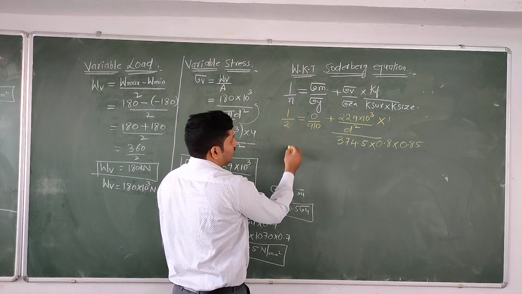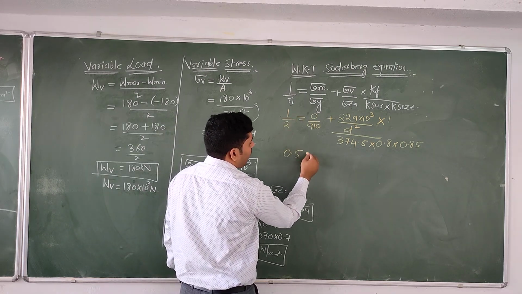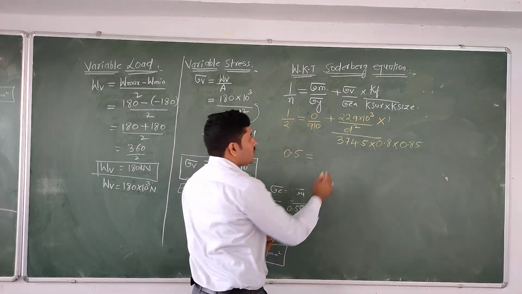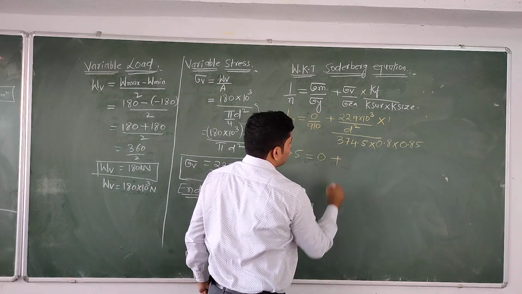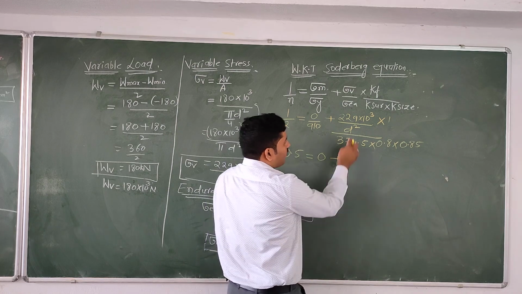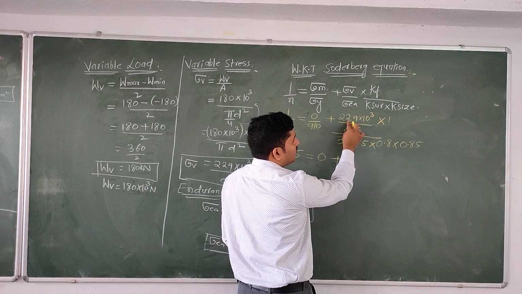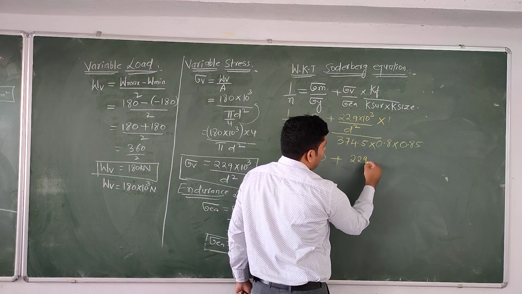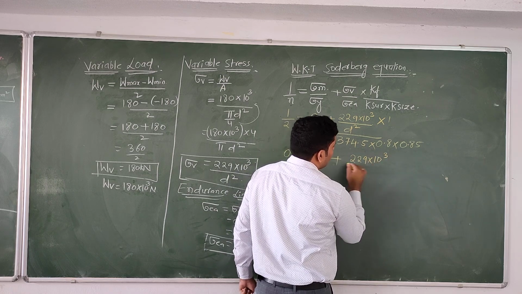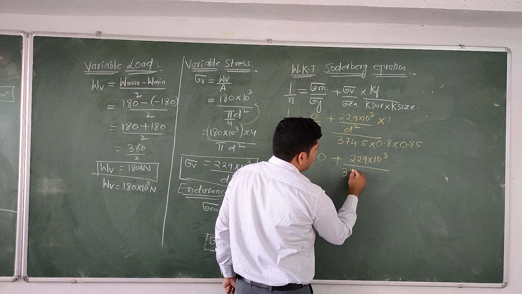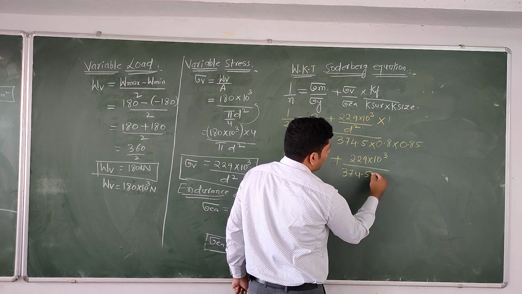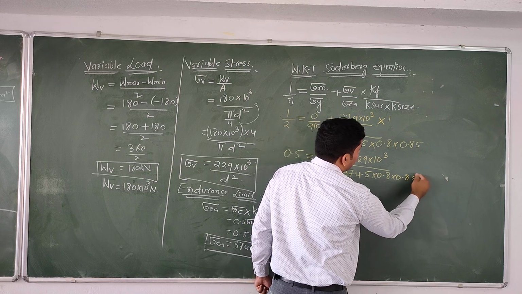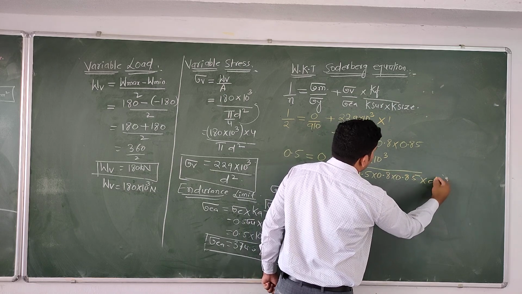Then 1 by 2, which is 0.5, equals 0 plus 229 into 10 power of 3 divided by 374.5 into 0.8 into 0.85 multiplied by d square.